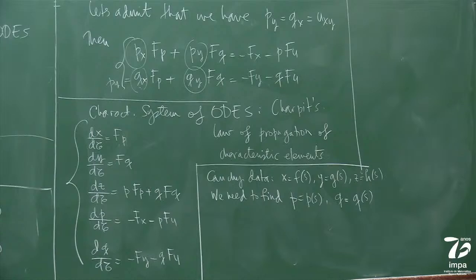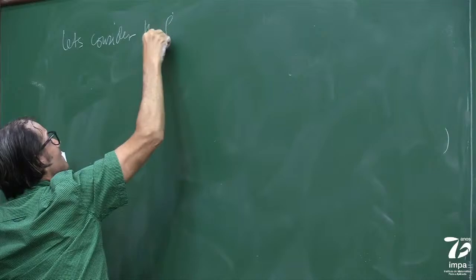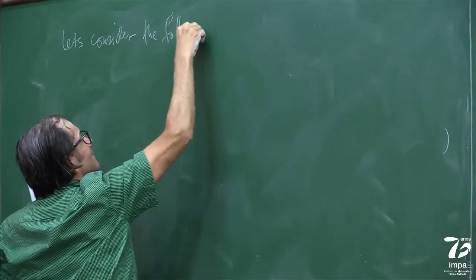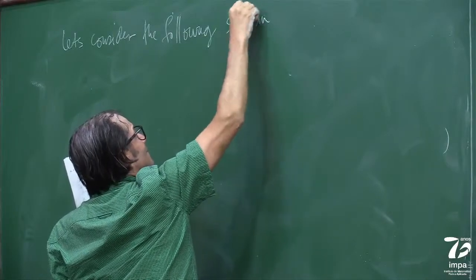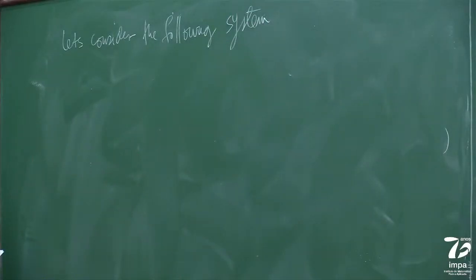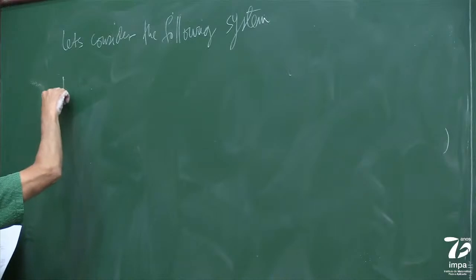So let's see how we can get P of S and Q of S. Okay, so let me write this. So let's consider the following system. Let's see if I can motivate it to you, okay?